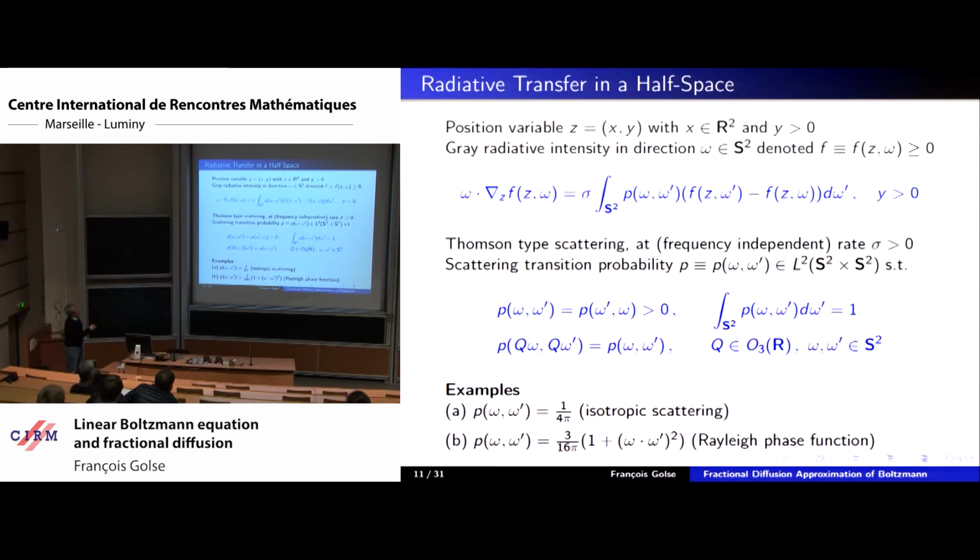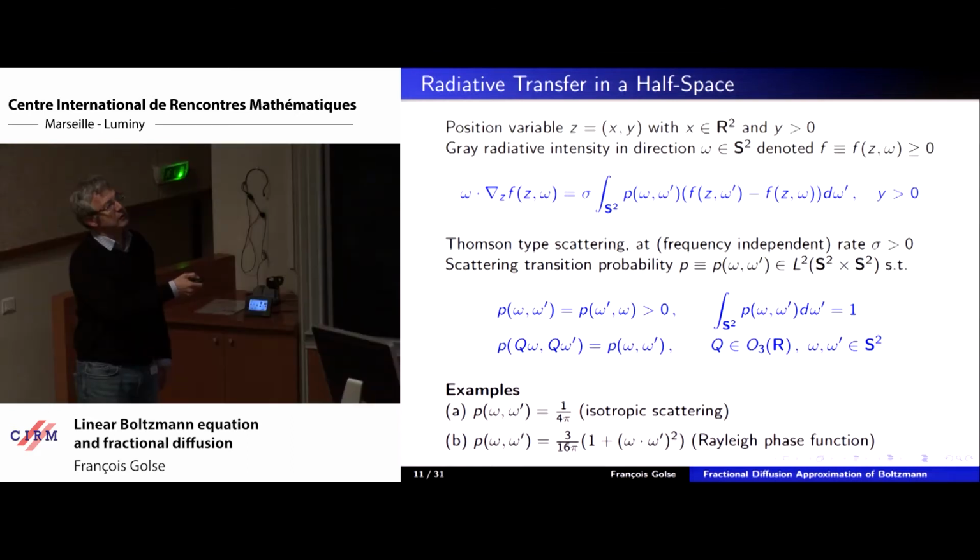The position variable here is z, the pair x, y, so x is going to be in R2, y positive. I'm going to consider the case where a scattering event does not depend on the frequency, so that I have a gray average over frequency radiative intensity in the direction omega, which is a unit vector in S2, which I denote by f of z and omega, non-negative.